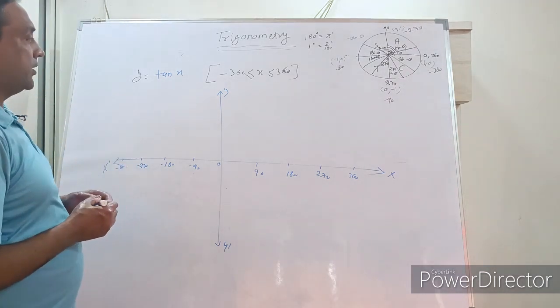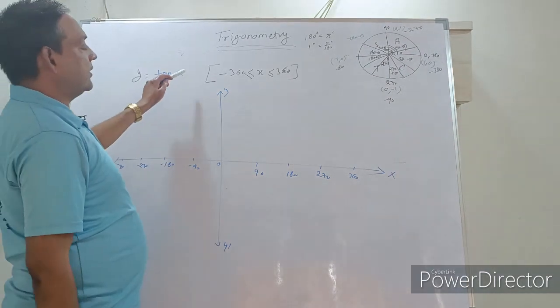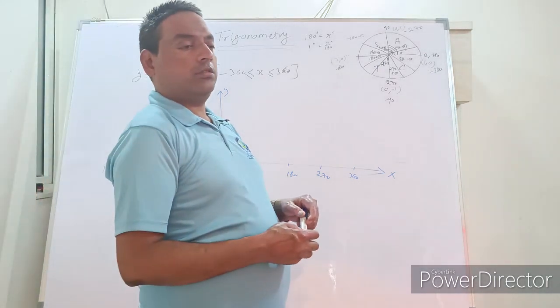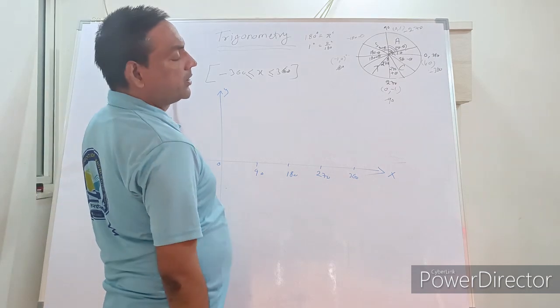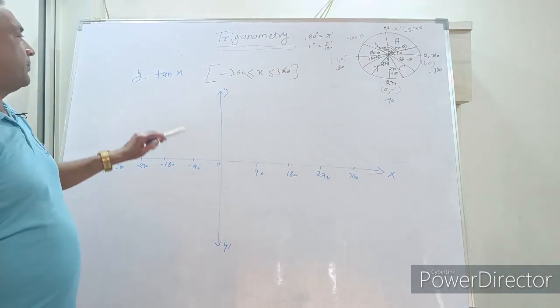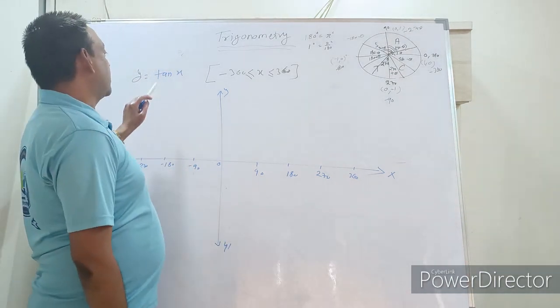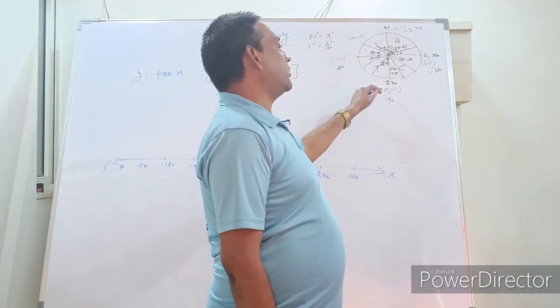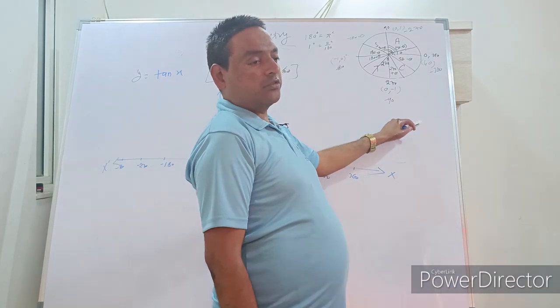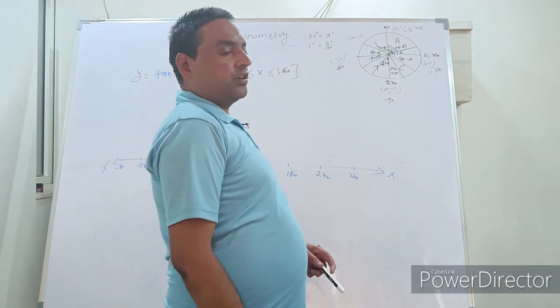Now here, sine's minimum value is minus 1 and maximum value is plus 1. Cos's minimum value is minus 1 and maximum value is plus 1. Now the tan graph. If you see here, we get minus infinity, and we get plus infinity also.